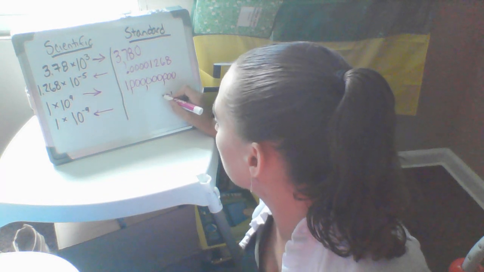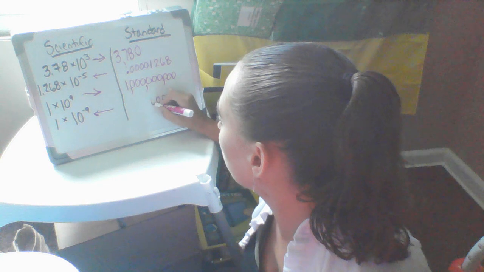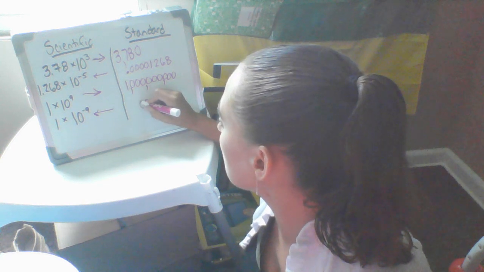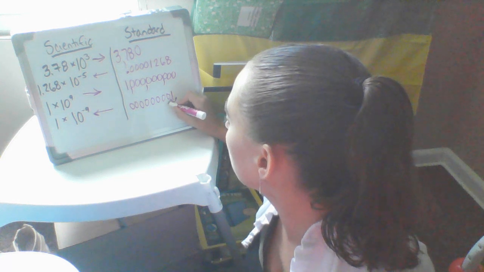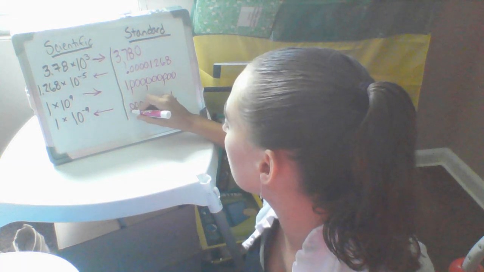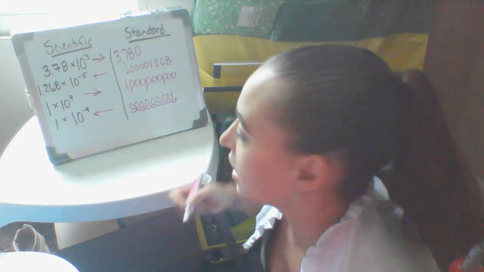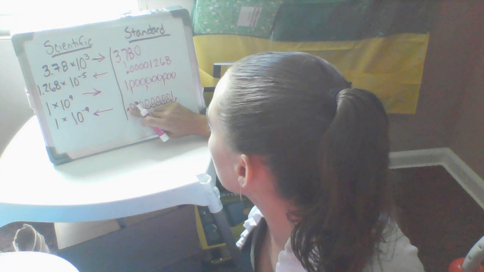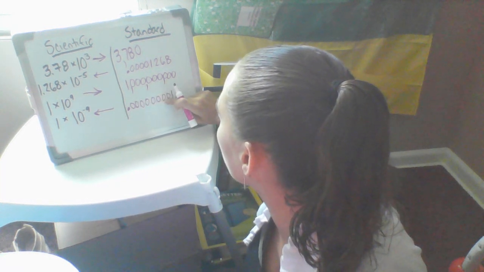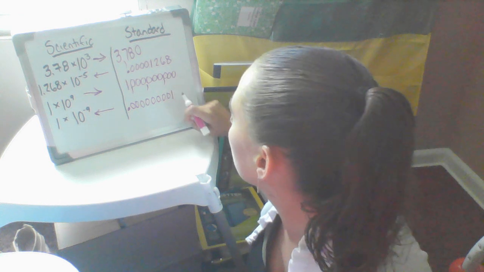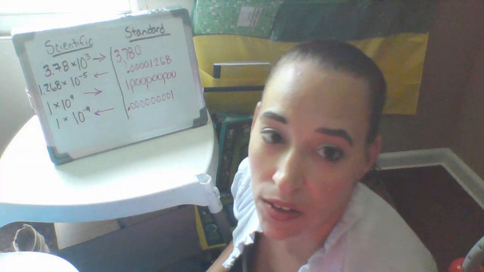And now I know I have 8 zeros: 1, 2, 3, 4, 5, 6, 7, 8. Look, I did 1, 2, 3, 4, 5, 6, 7, 8, 9. I've moved 9 times. And remember, if the decimal point's in the front, you have to keep that decimal point. So that's your final answer.